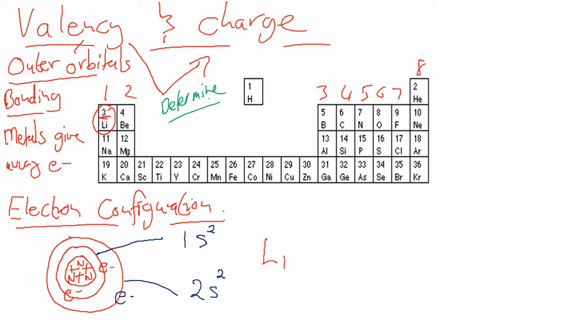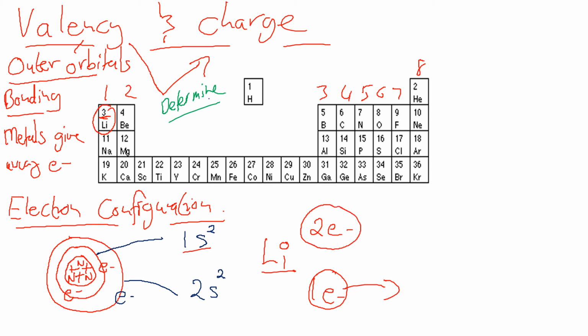Lithium, in its 1s orbital, has 2 electrons. In its 2s orbital, it has 1 electron. Now we know lithium is a metal and it likes to give it away, so if it gives this electron away during a reaction, how many electrons are we now left with? We're only left with 2 electrons.